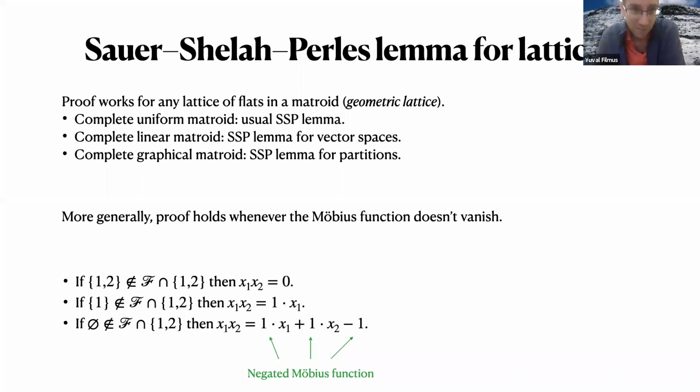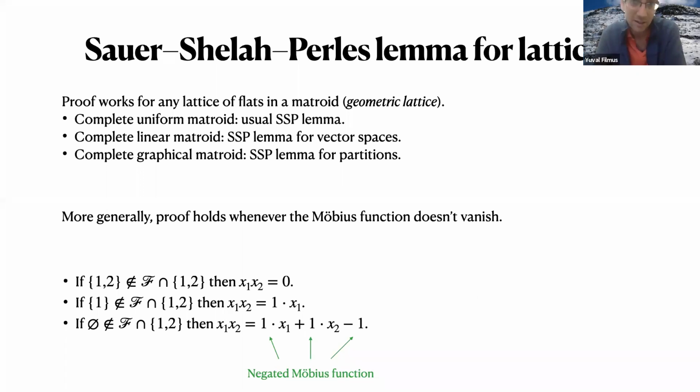It shows up because in these identities, all these coefficients are really values of the Möbius function. What we need is that the value of the Möbius function corresponding to x1 x2 should always be non-zero, because otherwise this proof doesn't work. So this is why we need the Möbius function to never vanish.